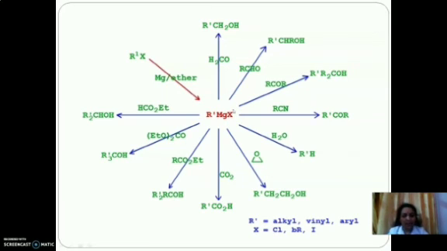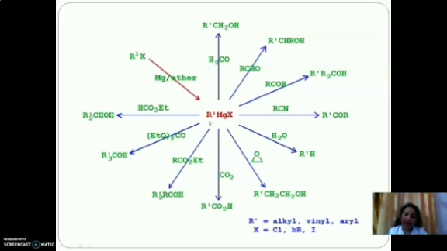This MgX part of this compound will easily leave in a reaction, and another group will attach to this. If the MgX group leaves and this CHO is attached here, we will get the compound according to that. Similarly, we'll get so many compounds.